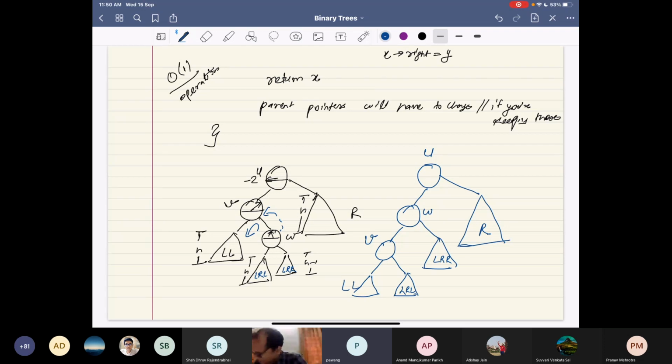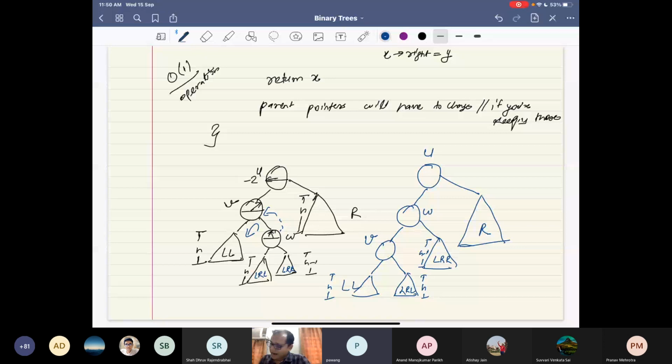Did I make any mistake here? h-1, h and h. Oh, still, I'm not done, because there's a balance factor of -2 even here now. Now what do I have to do?